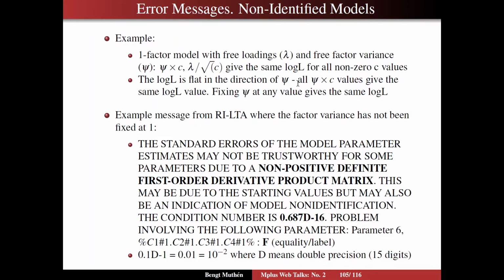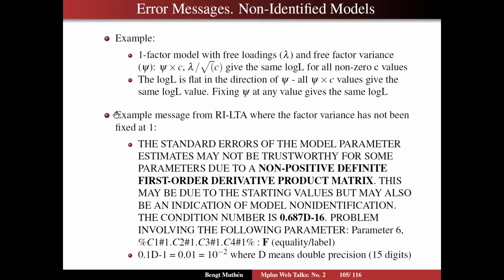For instance, all psi times c values give the same log likelihood value. So you can fix psi at any value and you get the same log likelihood. So that's an experiment you can do if you think you have a non-identified model. Fix the parameter that you suspect to not be identified, and see if you get the same log likelihood as when it was free. That means it was not identified.